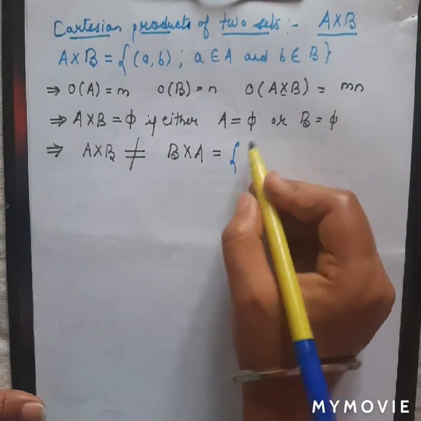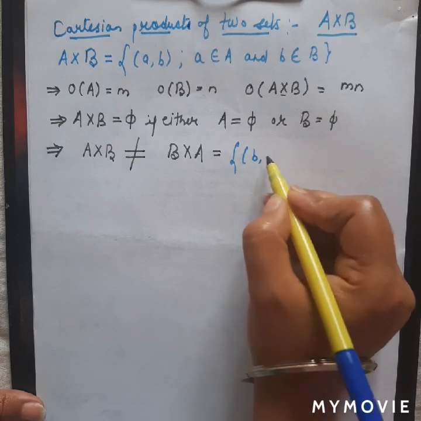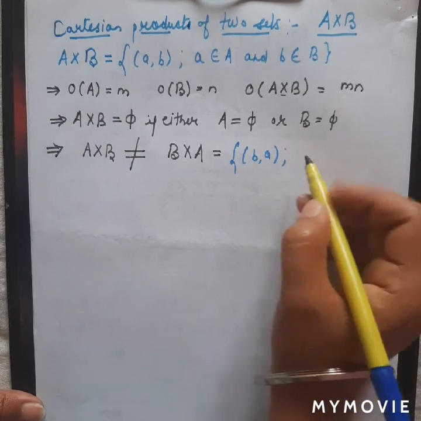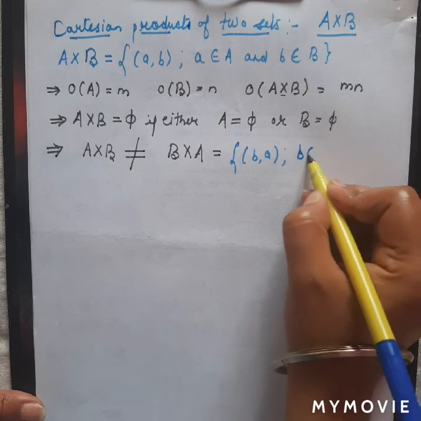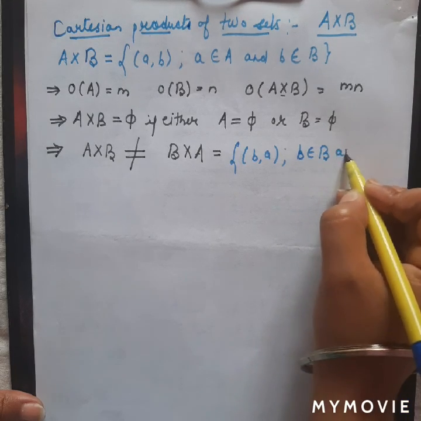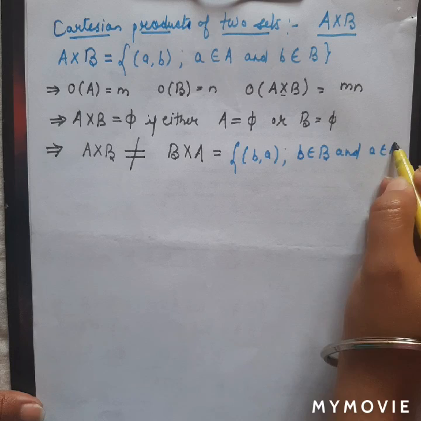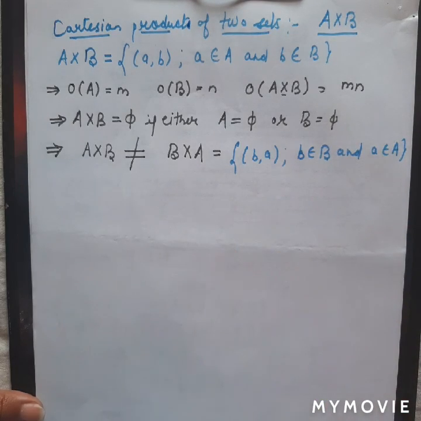This is a collection of all the ordered pairs (b, a), such that b belongs to B and a belongs to A. So this will be the Cartesian product of B cross A.